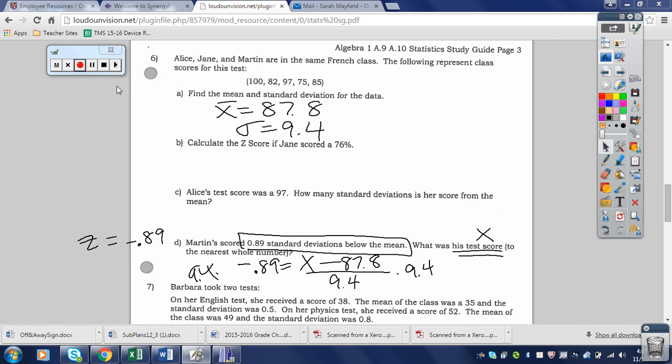So 9.4 times negative 0.89, you get negative 8.4 equals x minus 87.8. How do I get x by itself now? You add 87.8.